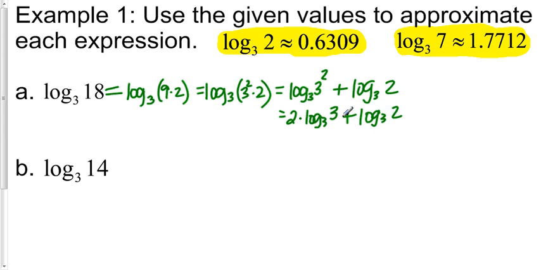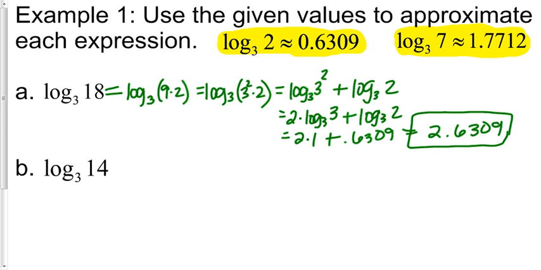And then using property number 4, I know that the log base 3 of 3 is 1. So what I have here is 2 times 1 plus the log base 3 of 2, which is an approximation here, 0.6309. And now I can add these 2 together, and I get 2.6309.